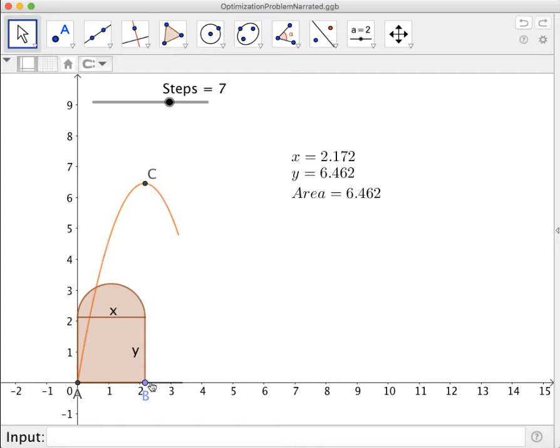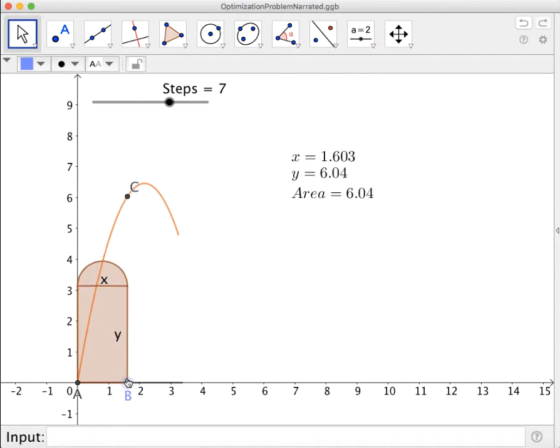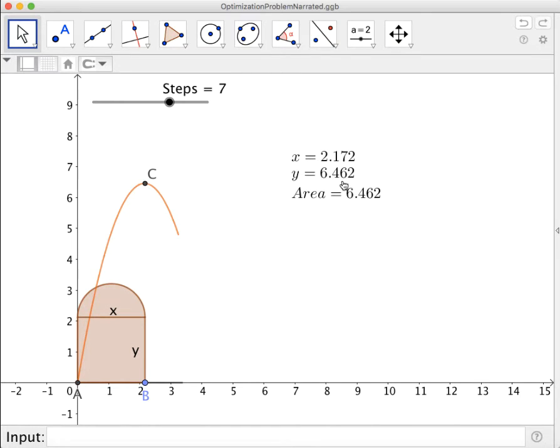And what we can see here is that this figure right here, this orange graph, shows us as we change the value of x, what happens to the area of our figure. And what we can see is that we reach a peak area right around here, x is equal to around 2.17.